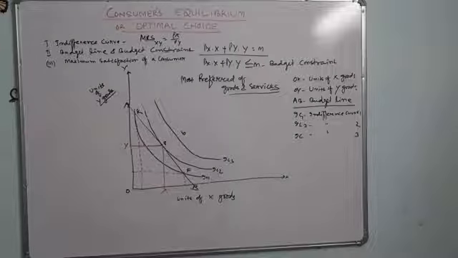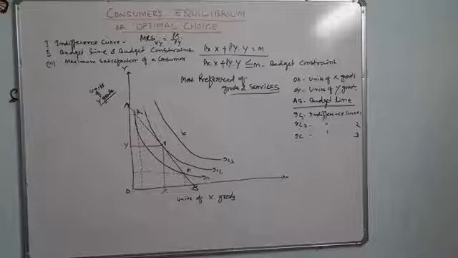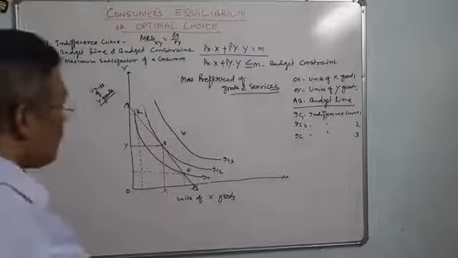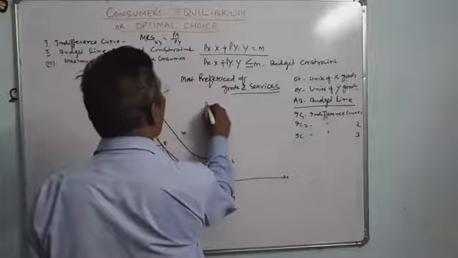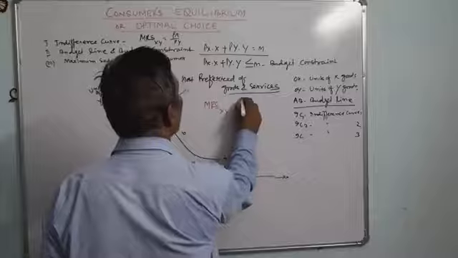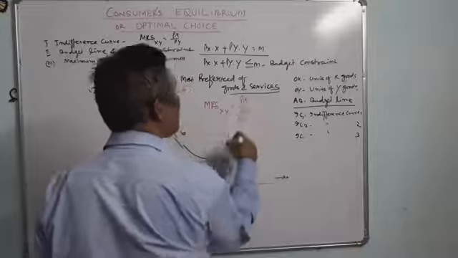Now, which point will be the equilibrium point? Our condition, or assumption, is that the marginal rate of substitution of X for Y equals Px upon Py.